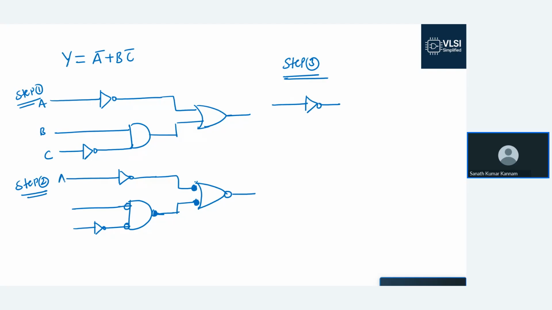So this is A and B and C. So here you added the inverter, no? So you need to add the inverter wherever you added the bubble. And here also one more inverter is there. So you need to add one more inverter, and this is the NAND gate.